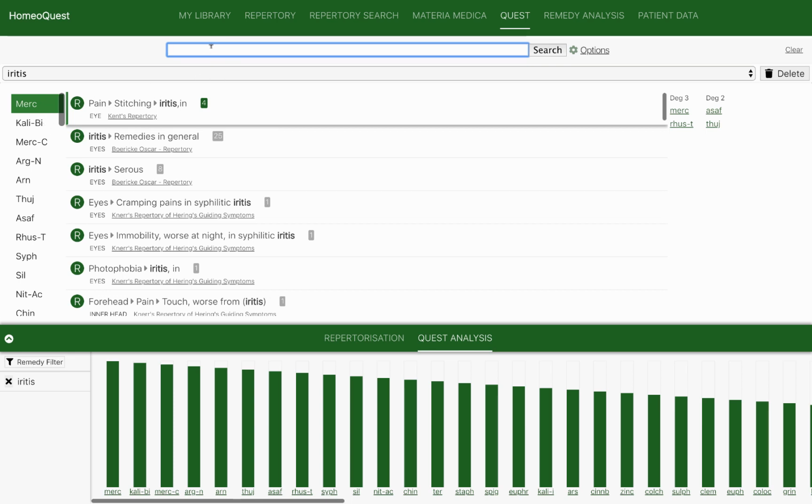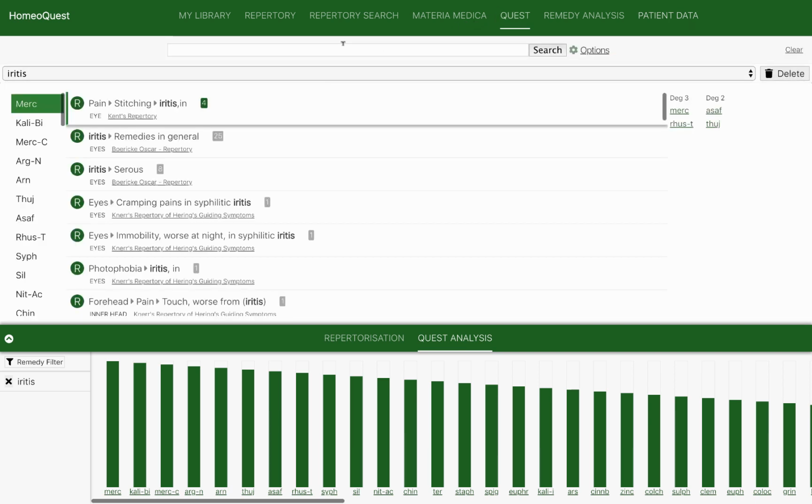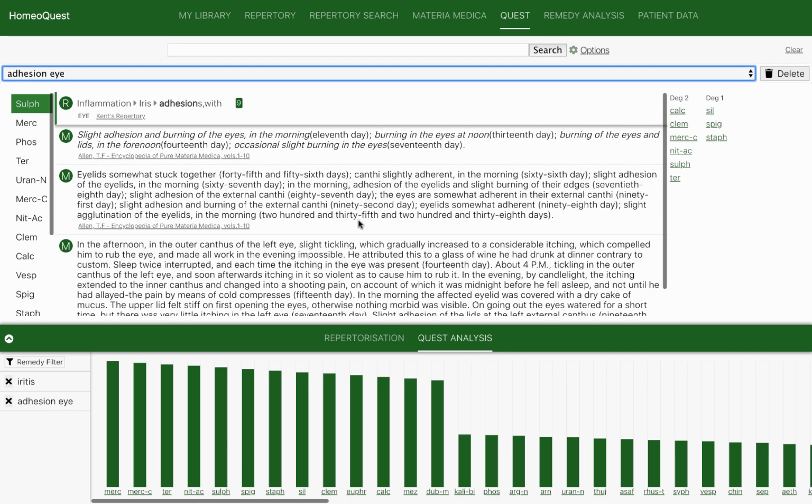Next I want to make sure that we have this important adhesion in the eyes. With posterior adhesions, we have to have a remedy that creates that. So I'm going to put adhesions and see if we have adhesions in the eye. Okay, great. Lots of different information, lots of remedies from different types of books here.